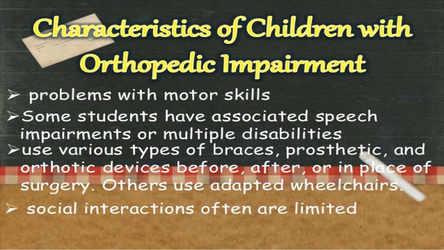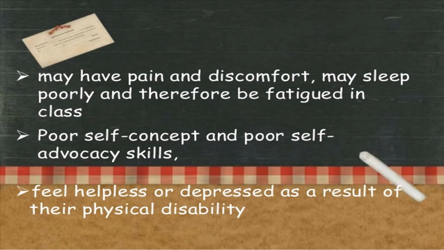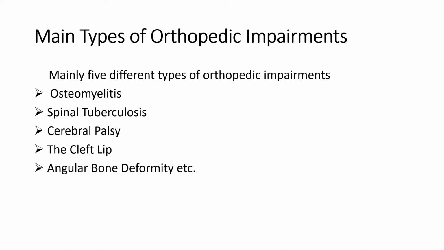Social interaction is often limited. Other characteristics are that they may have pain and discomfort, may sleep poorly and therefore be fatigued in class, have poor self-concept and self-advocacy skills, and feel helpless or depressed as a result of their physical disability.